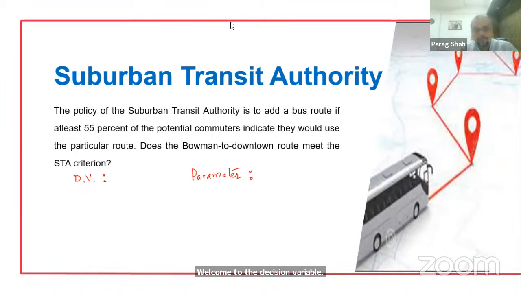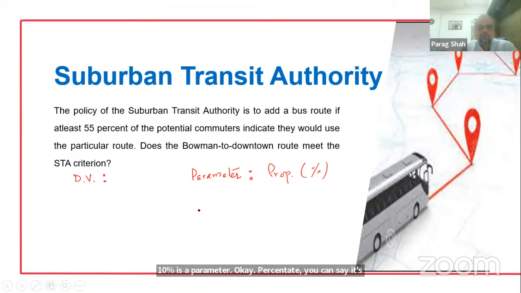Kanchan, Veena. Kanchan, percentage is a parameter. Okay, percentage we can say it is a parameter. Percentage means proportion. What will be the decision variable? Potential commuters. Perfect question. Commuters will be the decision variable.